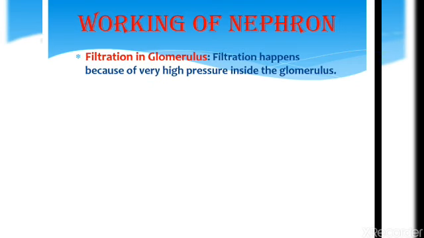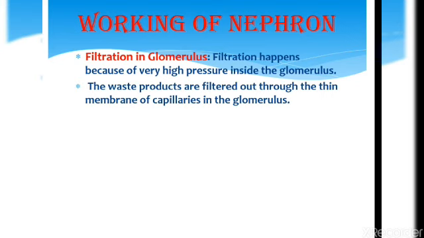Now, how does the nephron work? Ultrafiltration takes place in the glomerulus. Filtration happens because of very high pressure inside the glomerulus. The waste products are filtered out through the thin membrane of capillaries in the glomerulus.